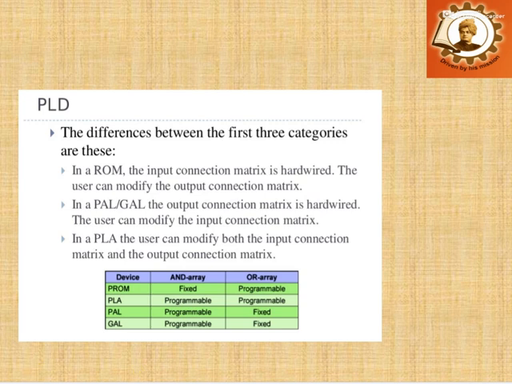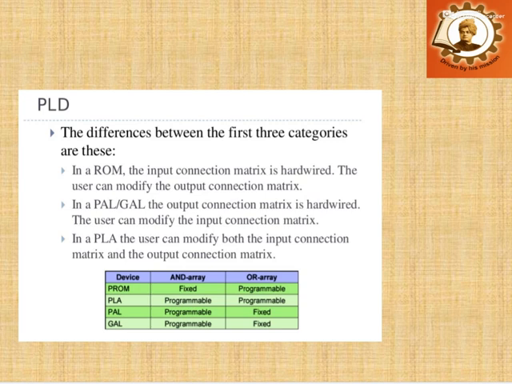In PLA, the user can modify both the input matrix and the output connection matrix. So this table shows the different connectivity, that is the input connection, meaning the AND array, and the output connection, meaning the OR array.